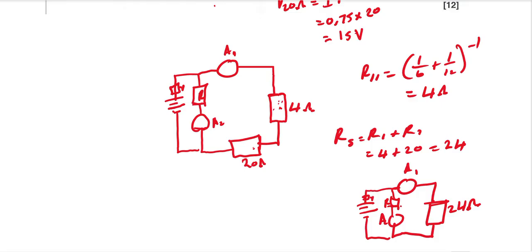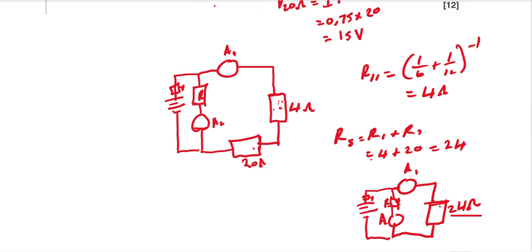Okay, so since our resistor R is this one now, you know that this resistor R is in parallel with the resistor of 24 ohm. Do you get me? So the voltage of this resistor of 24 is the same as the voltage of this.